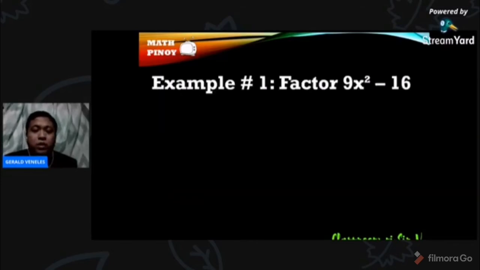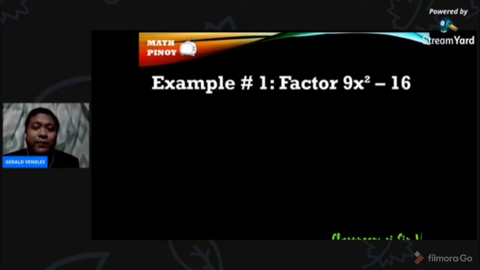Example tayo muna. Our example number 1, factor 9x squared minus 16. So, titingnan natin yung mga condition na binigay. The first condition is, dalawa dapat ang terms. Correct?